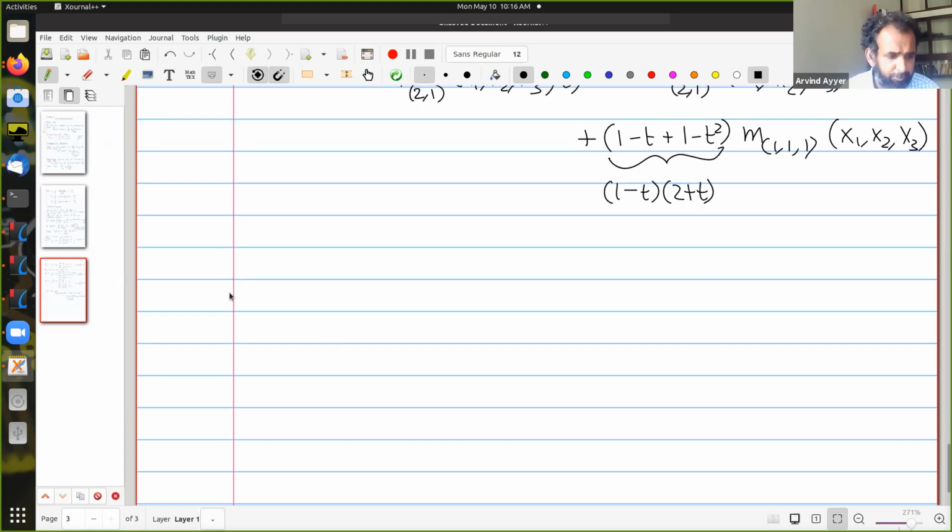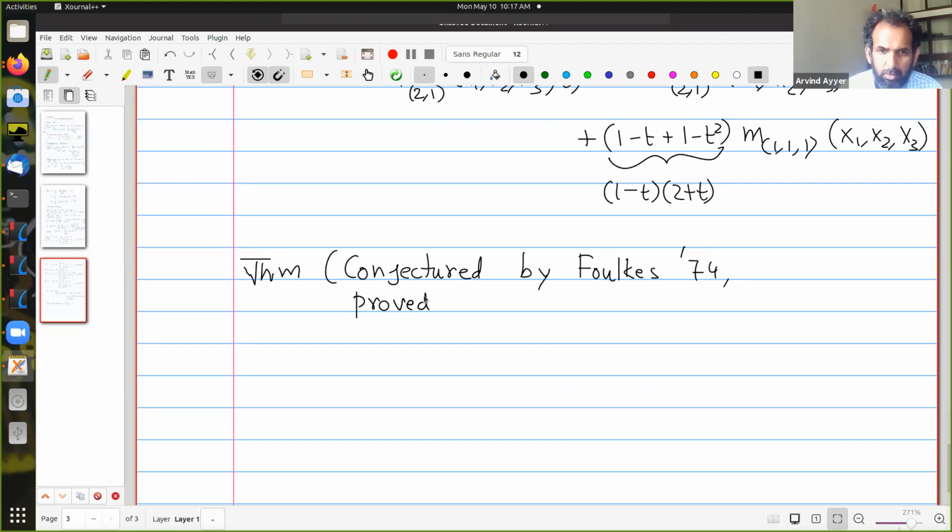It turns out that, so this is a conjecture, this was a theorem, conjectured by Foulkes in 74 and proved by Lascoux and Schützenberger in 78.